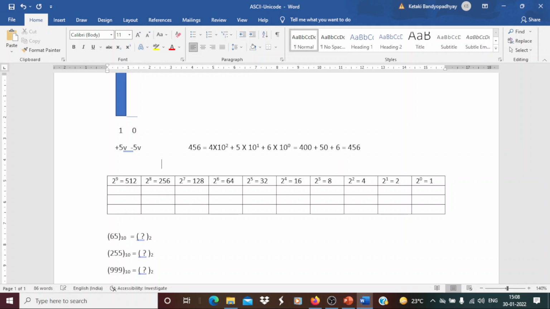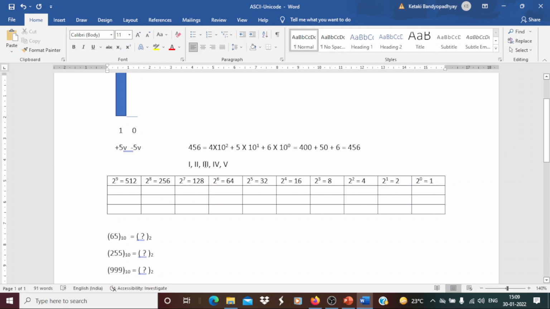For example, in Roman script, the rule is that you can write 1, 2, 3. So I'm skipping 4 and 5. So 4 is what? 5 minus 1. Because the rule of this non-positional numbering system in Roman is basically that you cannot write 4 consecutive similar digits.